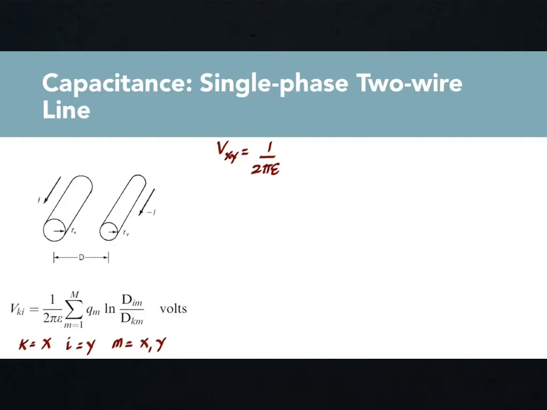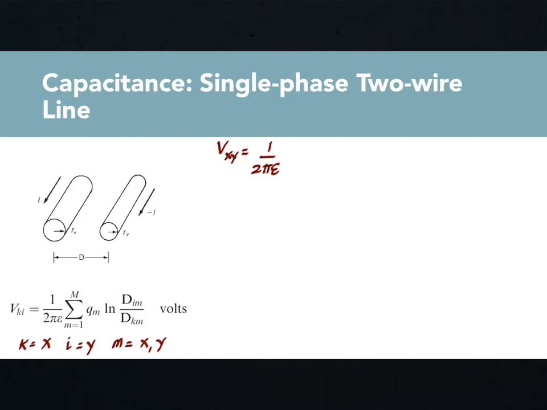The charge QX is positive, whereas the other charge QY is negative, but of the same quantity.